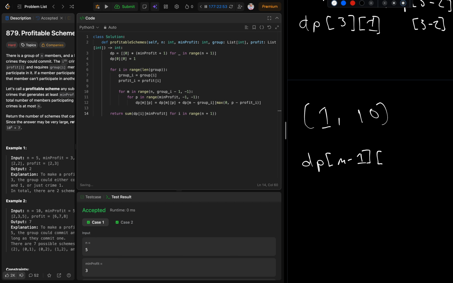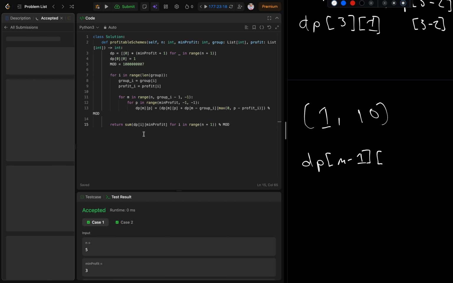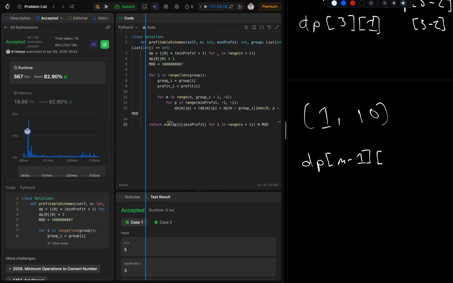And then we have to mod this. And we can just add the mod here. Yeah, and that's a pretty good solution.